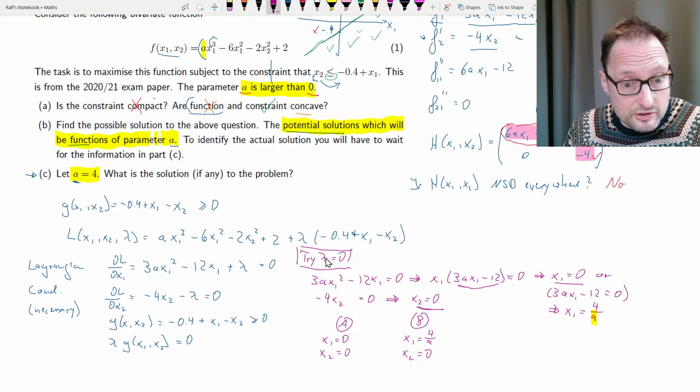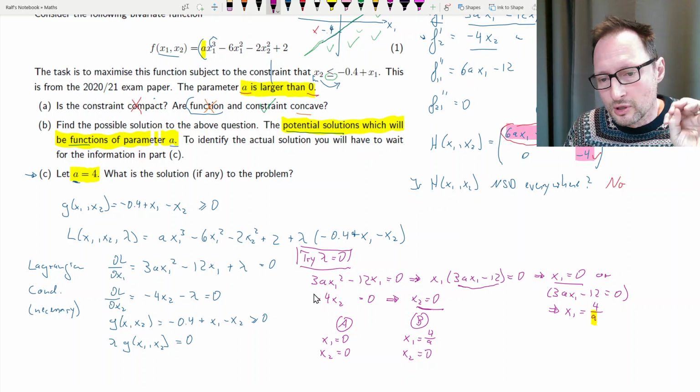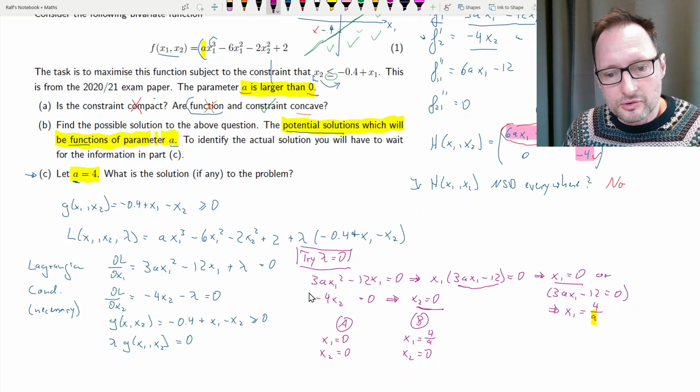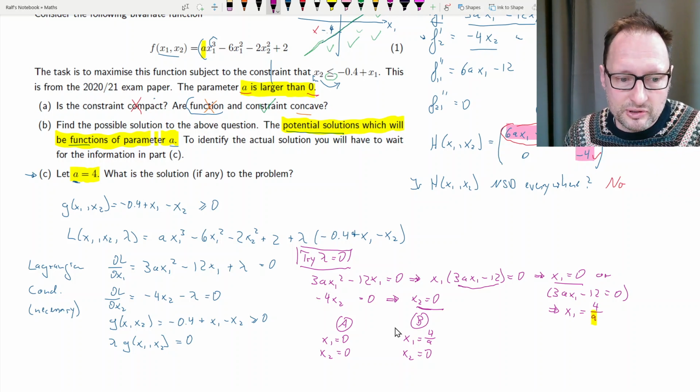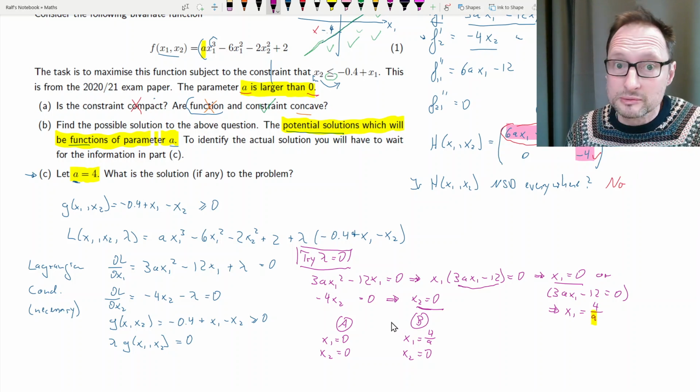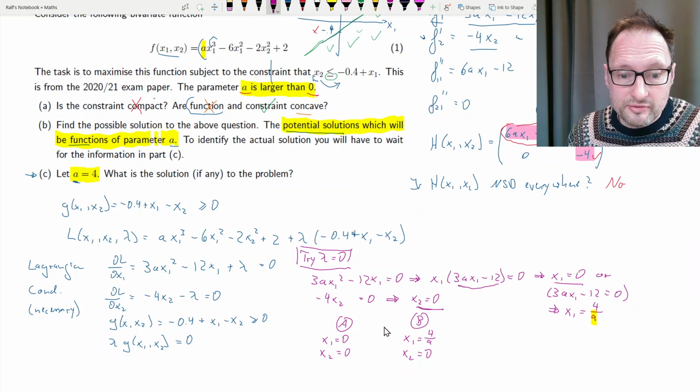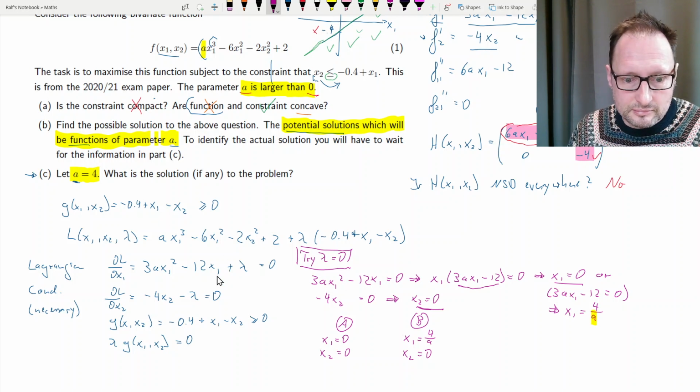whenever you try and solve for lambda equals 0, you're temporarily suspending the constraint and solving the problem as if it was unconstrained. But now we have to remember, well, yes, there is a constraint. So we have to check whether these 2 points meet our constraint. We take our constraint equation here.